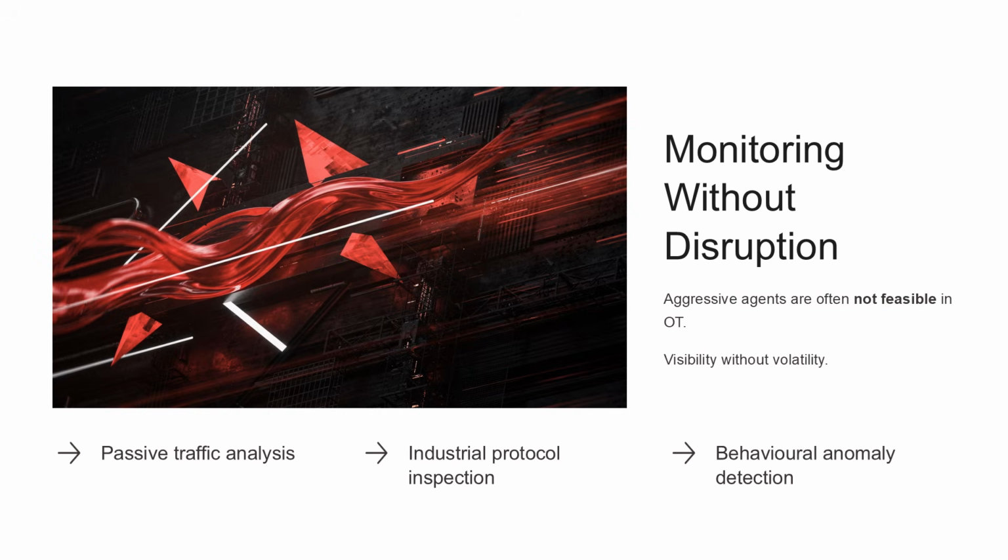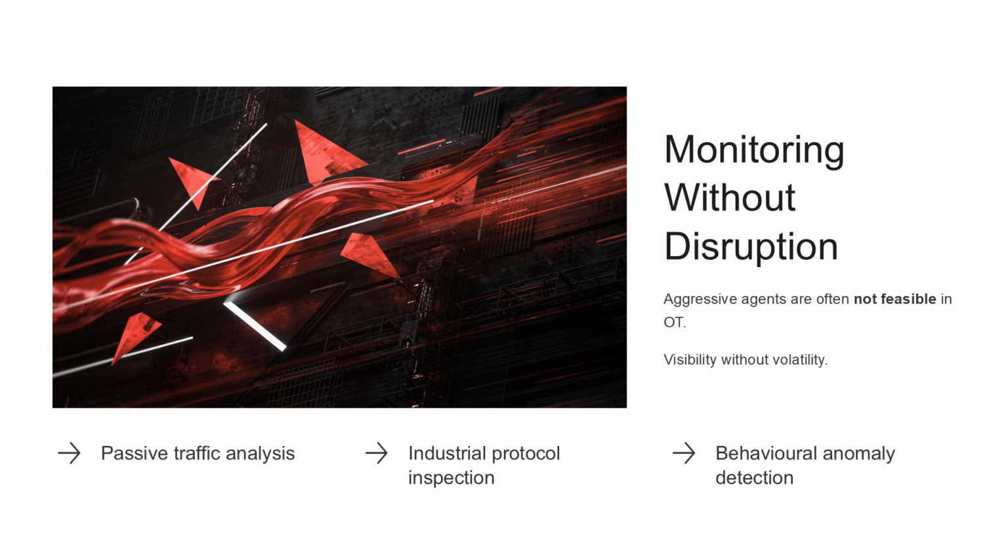Unlike IT systems, you cannot always deploy aggressive endpoint agents within OT environments. Monitoring must often rely on passive network traffic analysis, industrial protocol inspection, log aggregation from control systems, behavioral anomaly detection. Your architecture must support visibility without destabilizing operations.